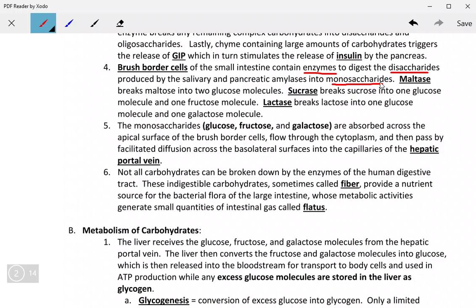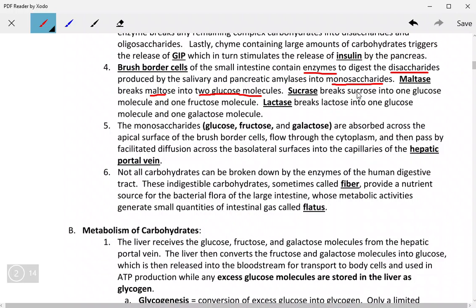Okay? All right. So, what are some of these brush border enzymes? Well, we have maltase. Remember, maltase is an enzyme that can break down maltose into two glucose molecules, and that can then be absorbed by your simple columnar epithelial cells. Okay? And then we have your sucrase.